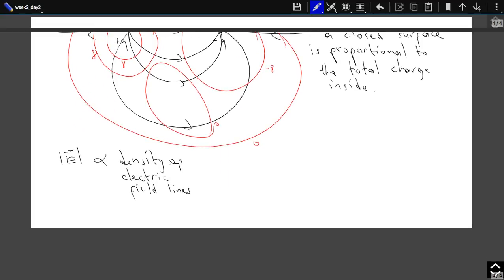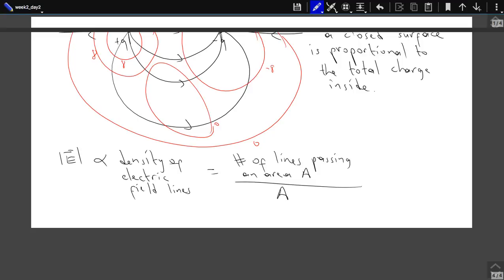Now what we mean by a density of the electric field line is the number of lines passing an area A divided by the area. Now, of course, we have to be a bit more careful in choosing this area.